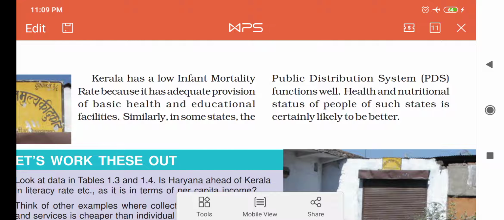Medical treatment is available to all. The public distribution system, which we have been learning about from class 9, also functions well. Nutritional status of the people is developing. So all this means that we have come to know that it's not money alone. It also includes the other things around us which are more important in our life.